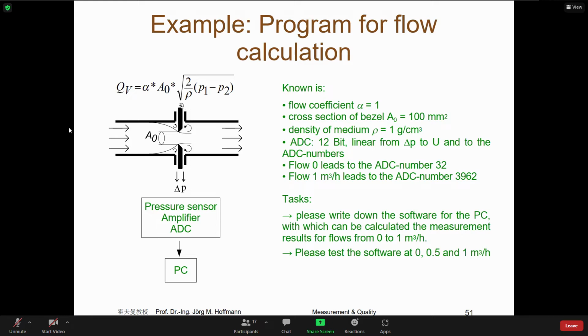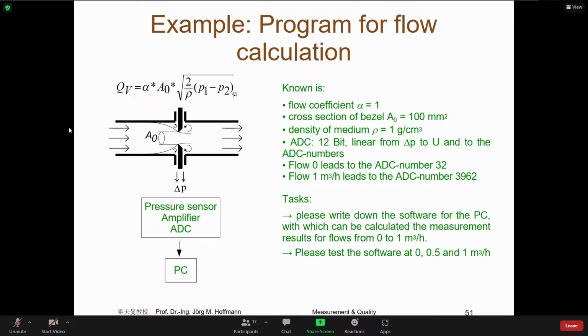And the most important thing, let me say, we have here the density of the material. In our case, it is water. And so that you have here the density of the medium, 1 gram per cubic centimeter. That means it is water.